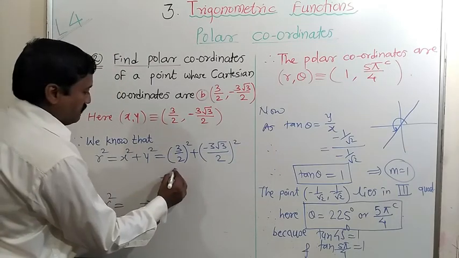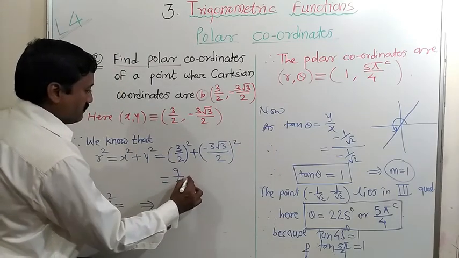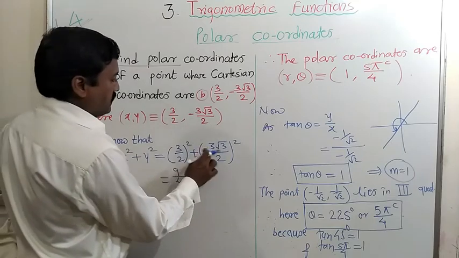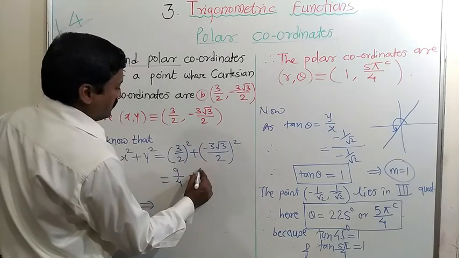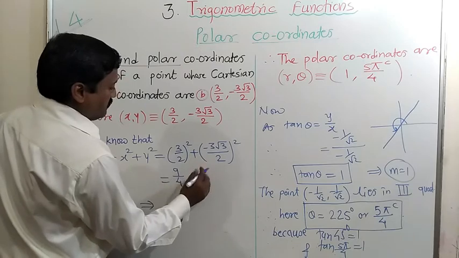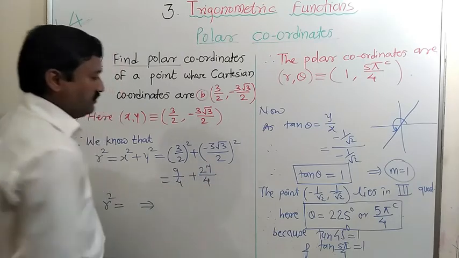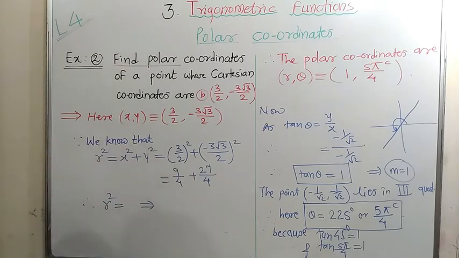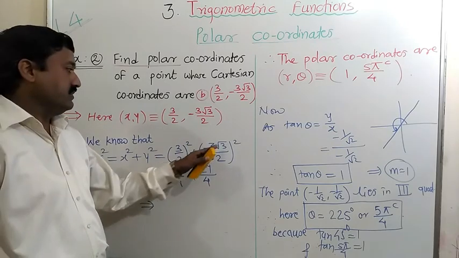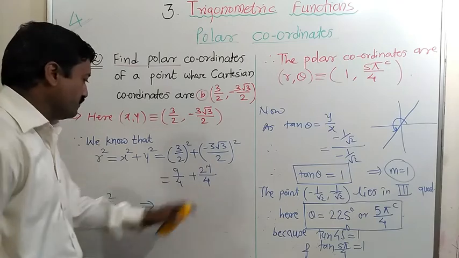This will give us 9 by 4 plus 9 by 4 into 3, that is 27 by 4. 3 root 3 square is 27. 3 square is 9, 9 into 3 is 27, 2 square is 4.